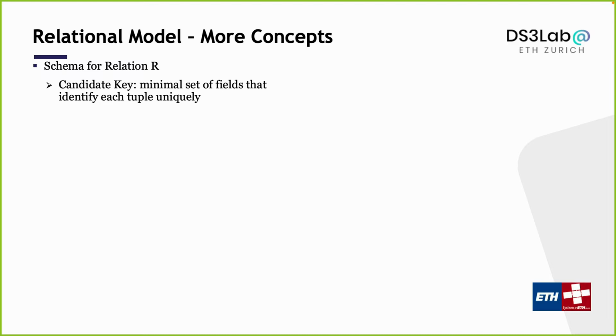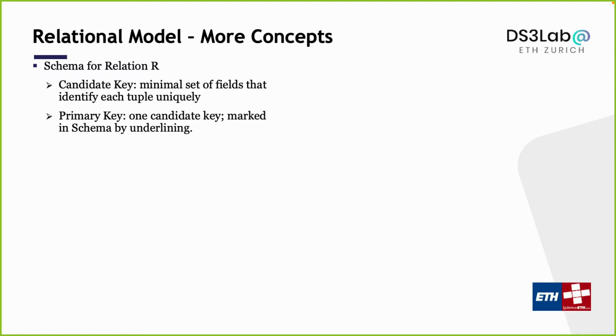For example, you have a student relation. One candidate key could be the ID of the student, which means that if you tell me the ID, I can uniquely identify a student. That is, you do not have 2 students sharing the same ID in this instance. And then we can pick one candidate key and set it as the primary key.